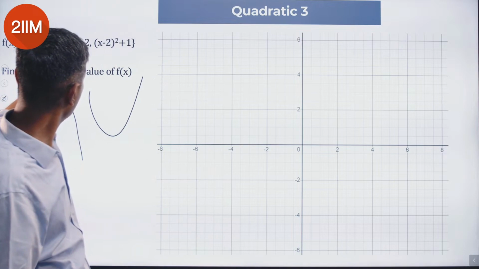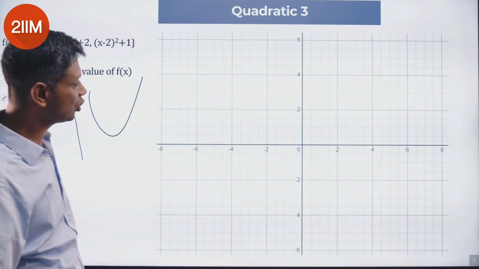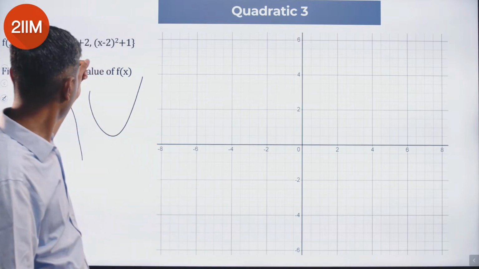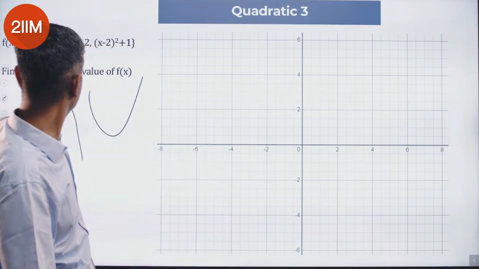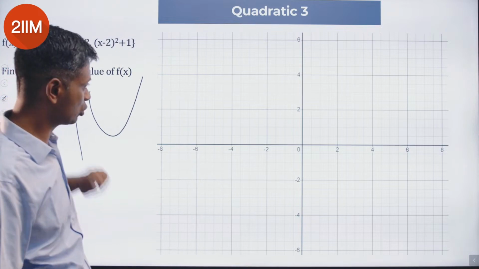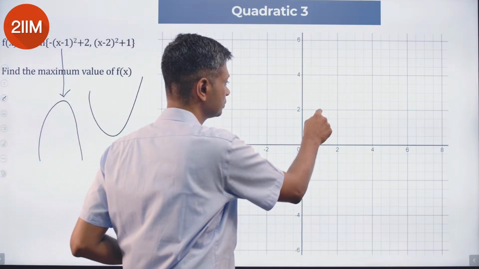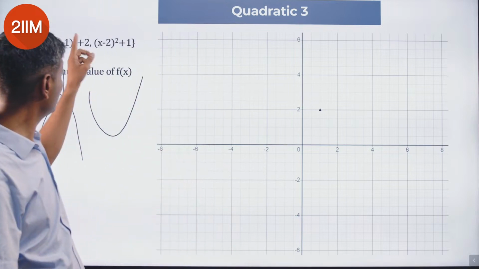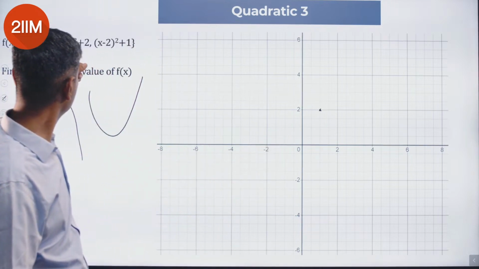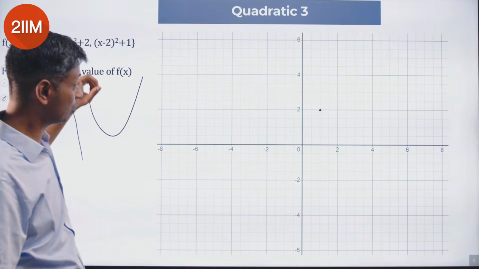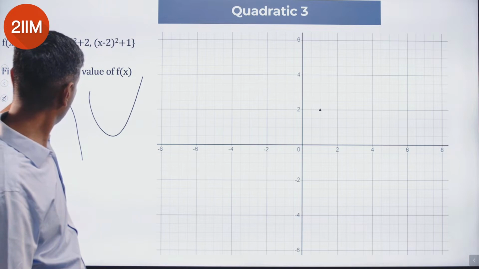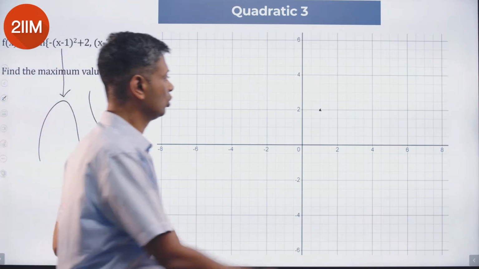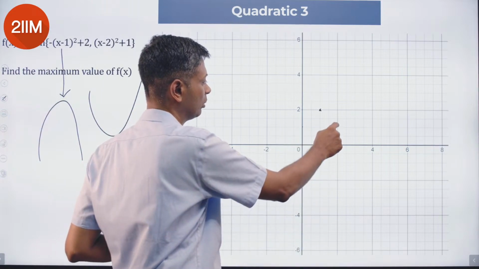X minus 1 whole square, when x is 1, this goes to 0, plus 2, so when x is 1, this goes to 2. Inverted parabola: when x is 0, it will be minus 1 whole square, 1 plus 2, so when x is 0, y will be 1.